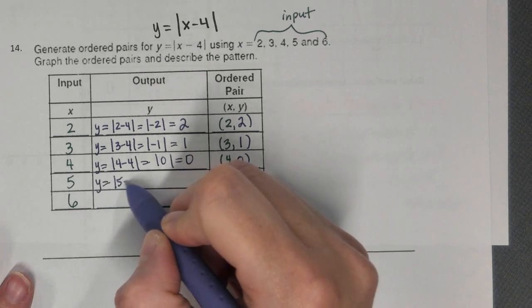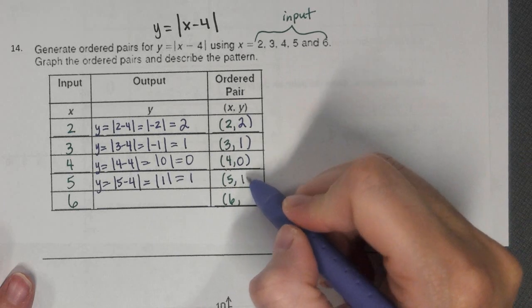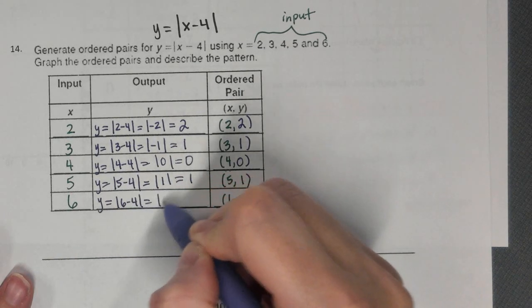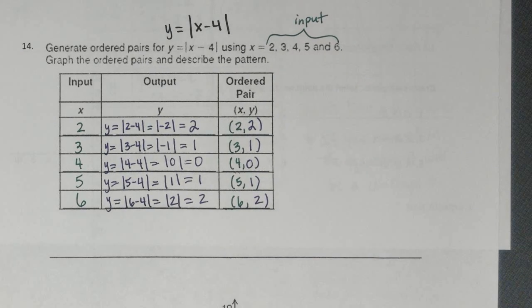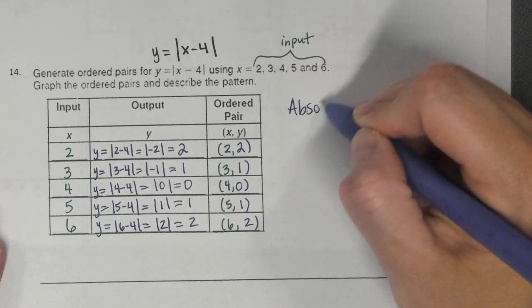Okay, so 5 minus 4 is 1. The absolute value of 1 is 1. The absolute value of 2 is 2. So all of these should be positive. Please double check that.